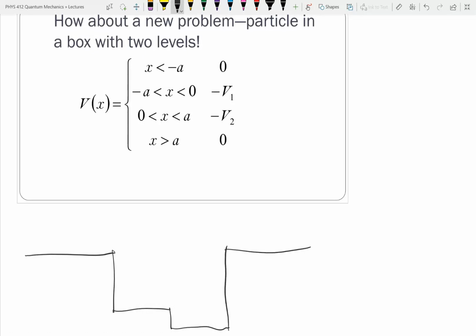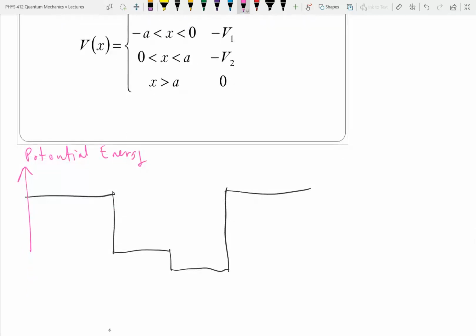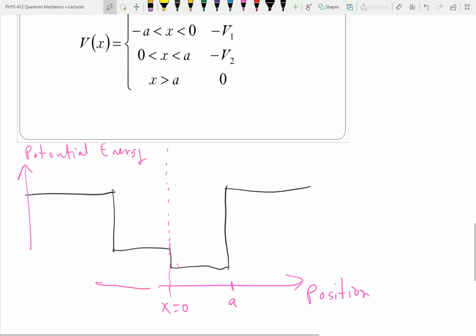So I would definitely start by drawing a picture. Now, what is this picture? On this axis, we have potential energy. And on this axis, we have position. With the way I've defined things, that's x equals 0, x equals a, x equals minus a.